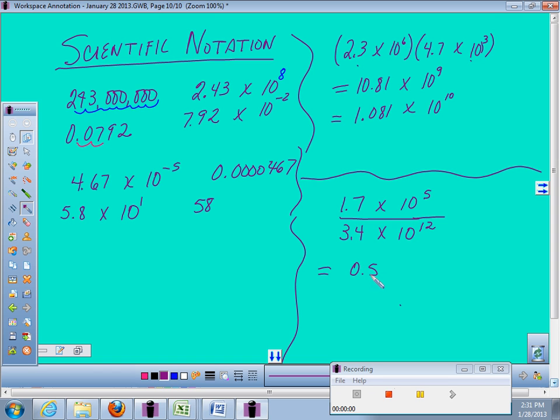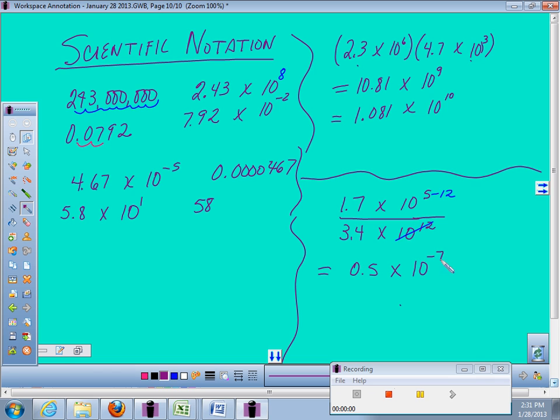Now, if the exponents have to come up, you are going to have to bring it up and subtract 12, so you're going to end up with a negative power. But in scientific notation, negative exponents are fine. We like them in scientific notation. So that'll leave us with 10 to the negative 7.